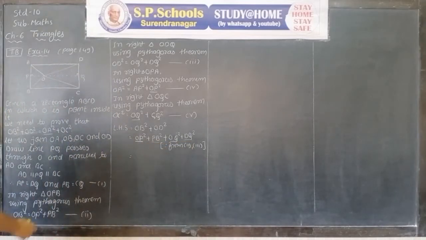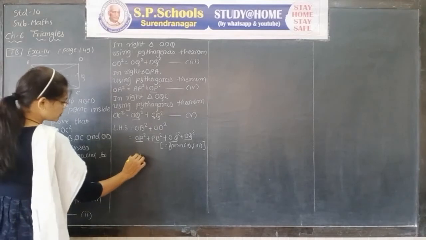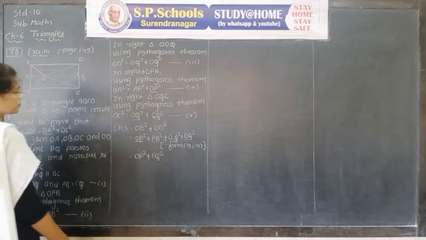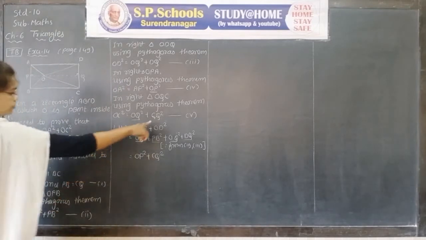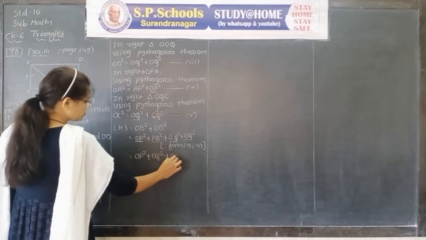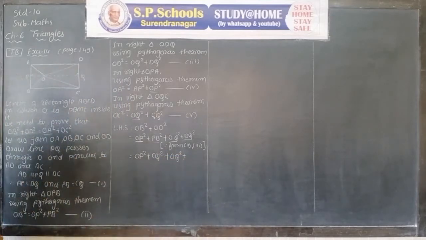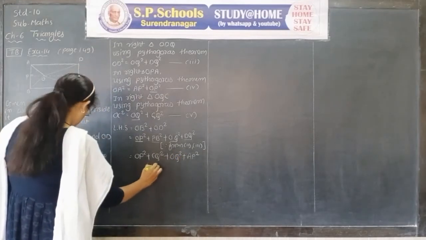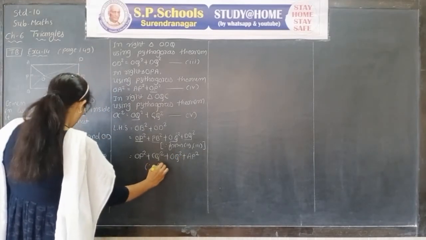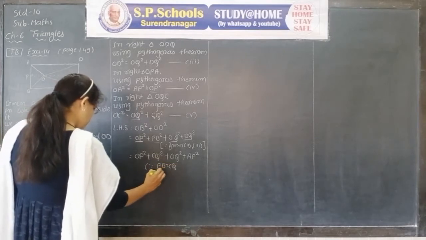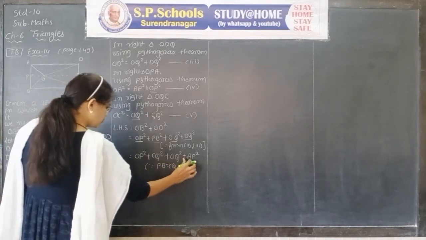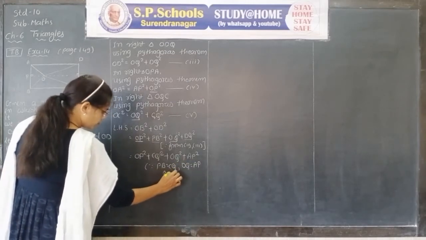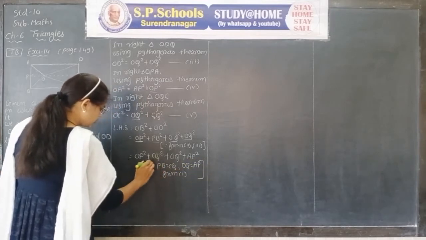Now we replace PB square with CQ square, OP square as it is, plus CQ square here, plus OQ square as it is, and instead of DQ square, AP square. Our reason is PB is equal to CQ and DQ is equal to AP, from result 1.